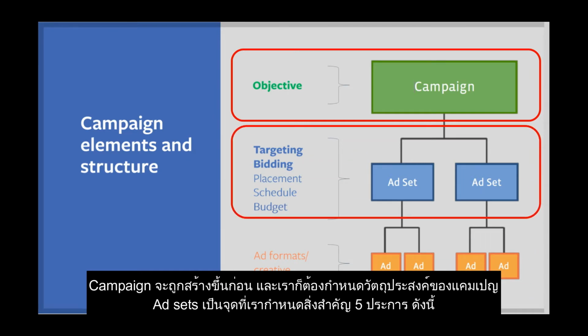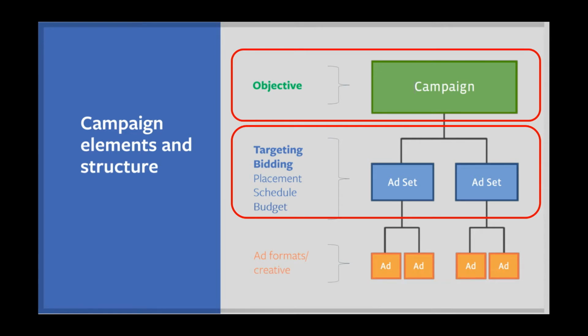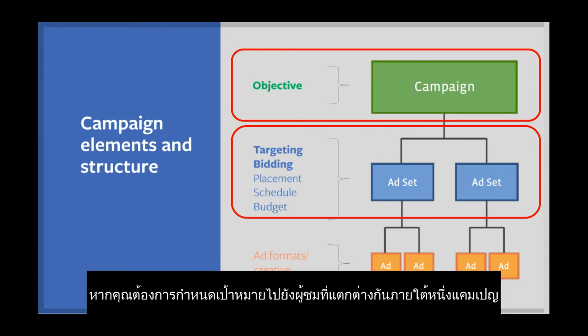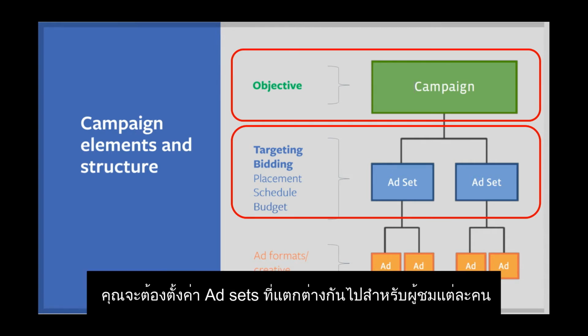The ad set is where we set 5 main things. First, the targeting, where we can define different demographics, age, location, interest, and much more. If you want to target different audiences under one campaign, you just need to set up a different ad set for each audience, so you can have multiple ad sets under one campaign.